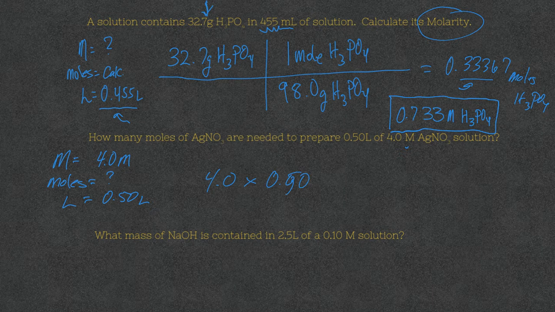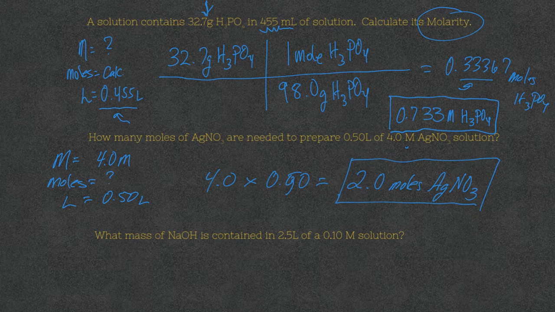Whoa, 50. That's the ugliest 5 ever. Which will give me an answer of 2, but I need the correct amount of significant figures. I need 2 significant figures, so that is 2.0 moles of silver nitrate. And that one will get the rectangle. Whew, that one was pretty straightforward. All right.